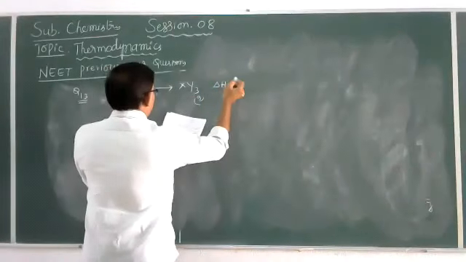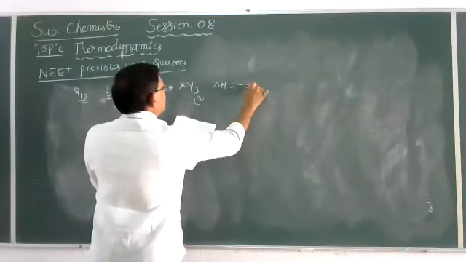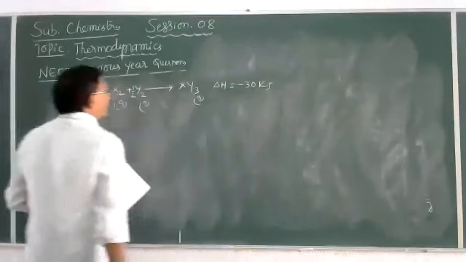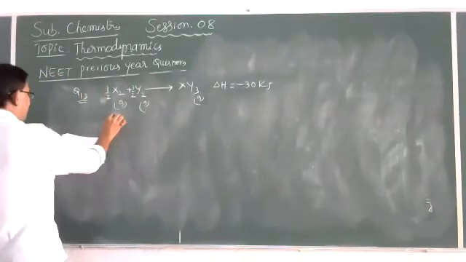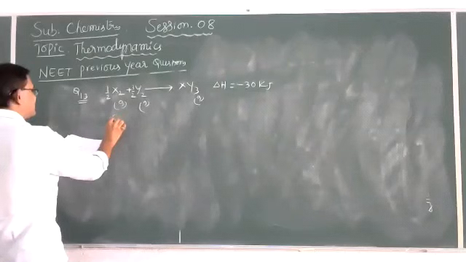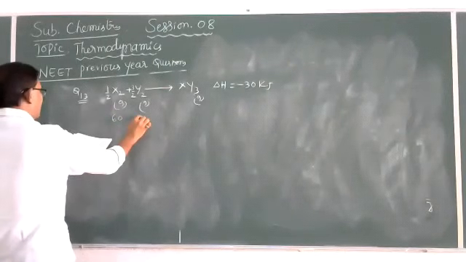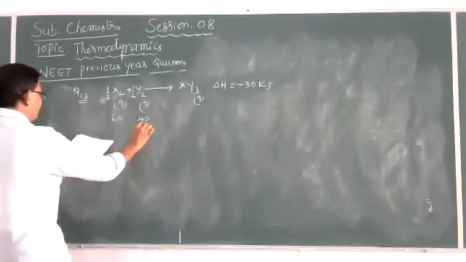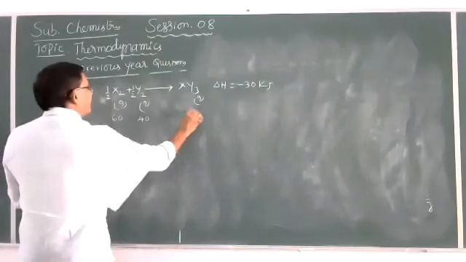Delta H value is given, that is minus 30 kilojoules. The entropy of X2 is given as 60, Y2 is 40, and XY3 is 50.